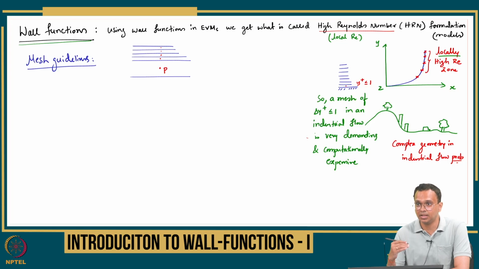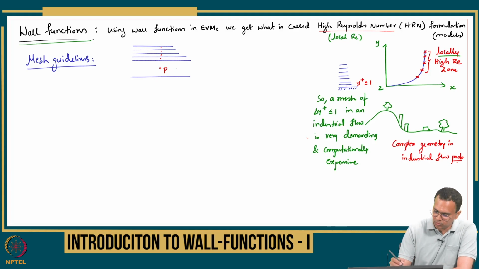This should come in the inertial sublayer or the logarithmic layer zone. So the first node is far away. So you are not resolving the viscous sublayer. You are not capturing the viscous sublayer when you use wall functions. So the P node here should be 30 less than or equal to y plus less than or equal to 100.